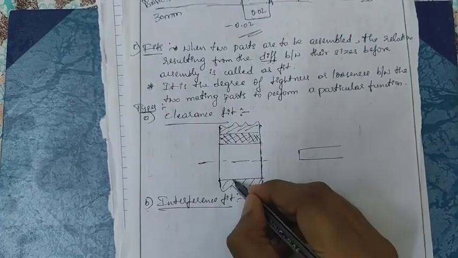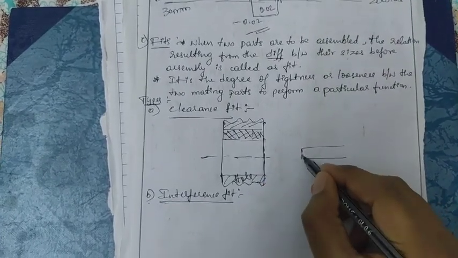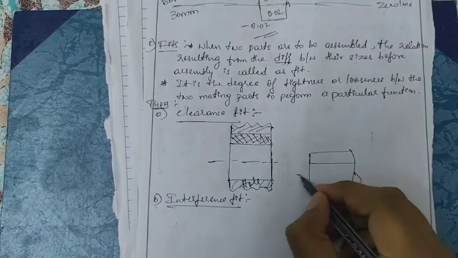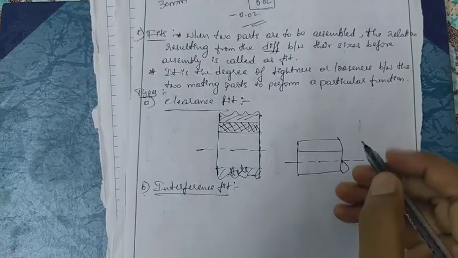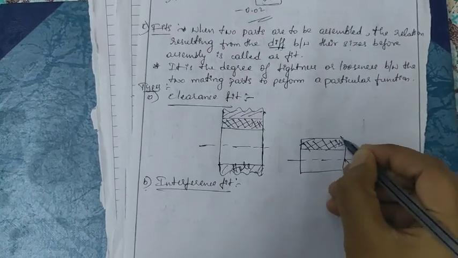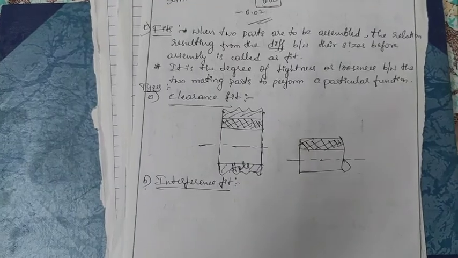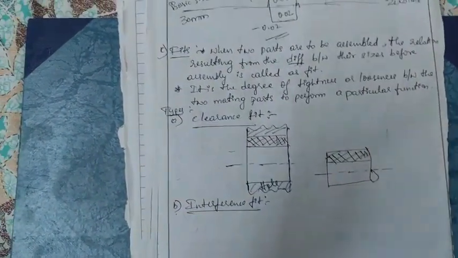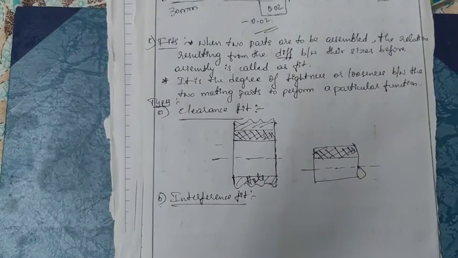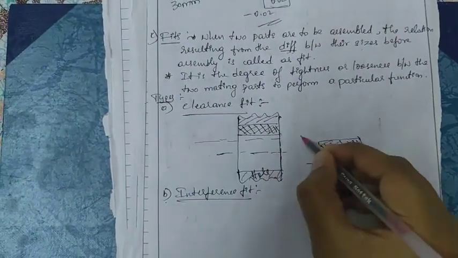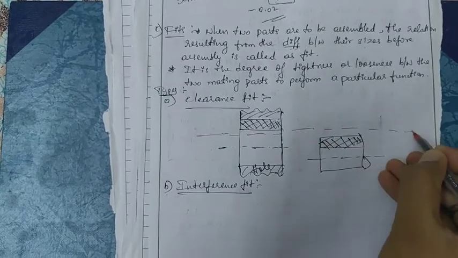This is the hole. This is the center of the shaft. Now for these two we draw a basic size line, that is the zero line. This is common for both.